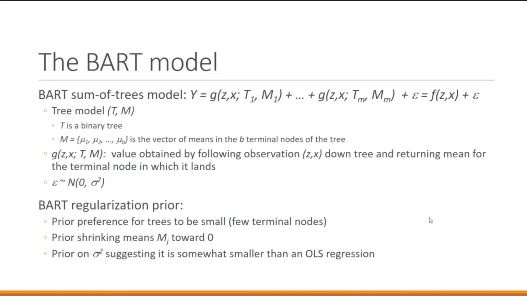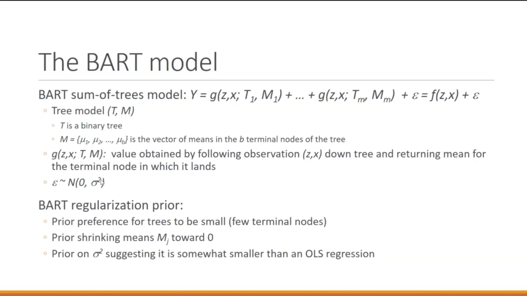Most of the weight is put on trees with 1 to 3, some weight on 4 and 5, and I mean non-zero for larger trees, but by and large they're constrained to be quite small. There's a shrinkage prior that shrinks the means towards 0. So that's the shrinkage that we saw with the boosting as well.